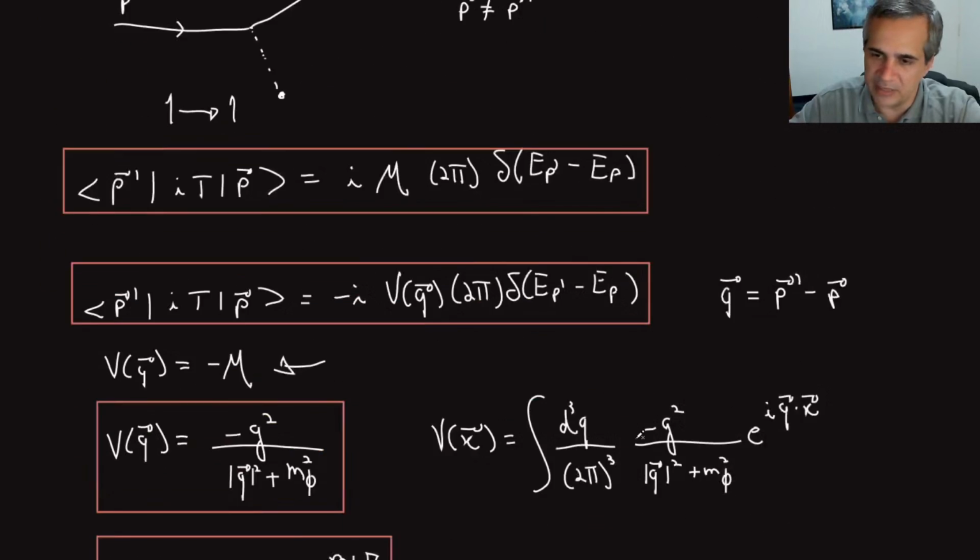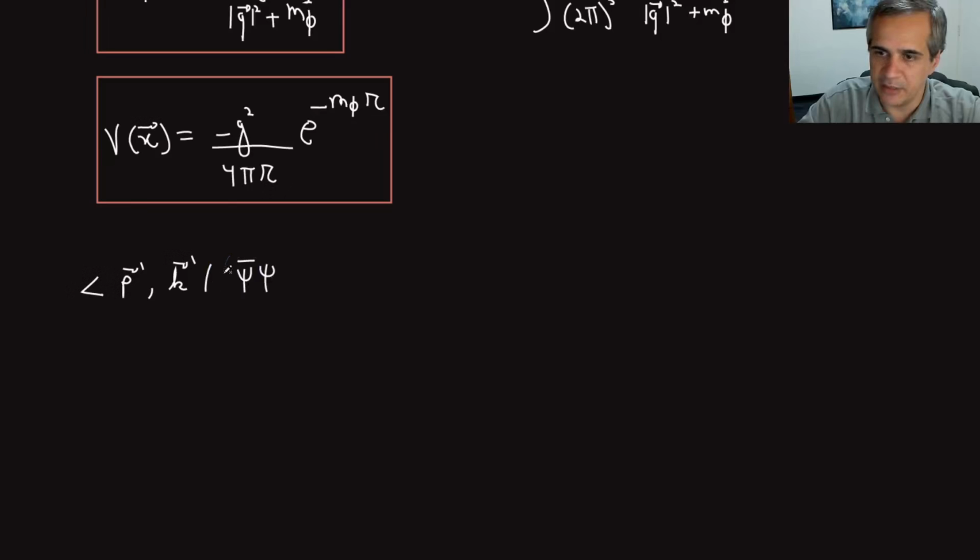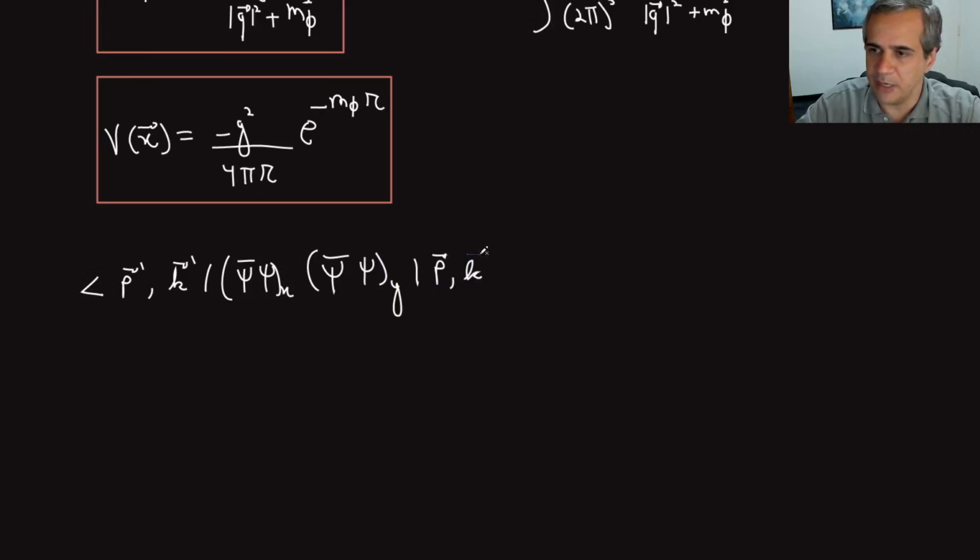If you look at the diagram there, I had something like P prime, K prime, psi bar psi acting on point X, and I'm looking only at the fermionic part, and psi bar psi acting on Y, and then P, K, using the conventions we are using.